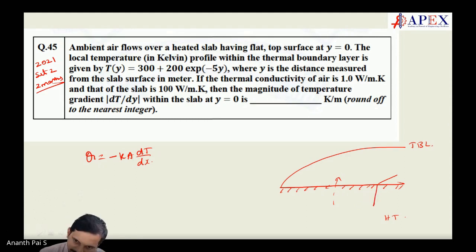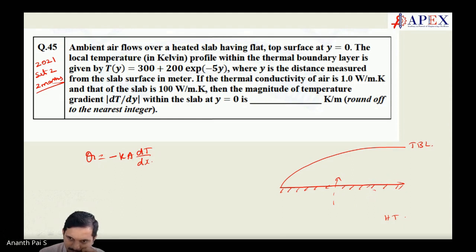And the conductivity is more, dt by dy will be less. This would be the temperature profile here. On this side, this would be the temperature profile. Here temperature I'm increasing, is it not? Here it has to decrease. So other way around. I'm sorry.